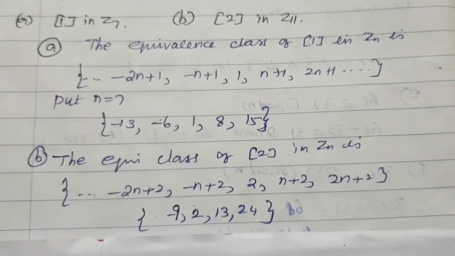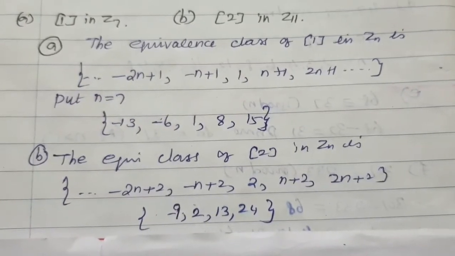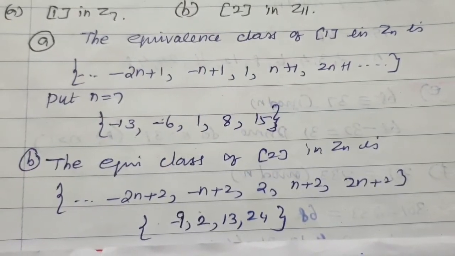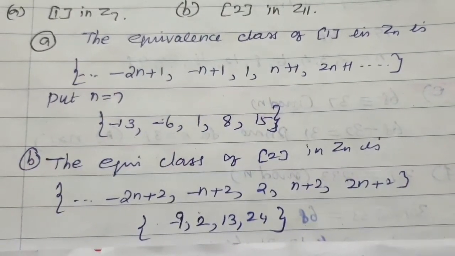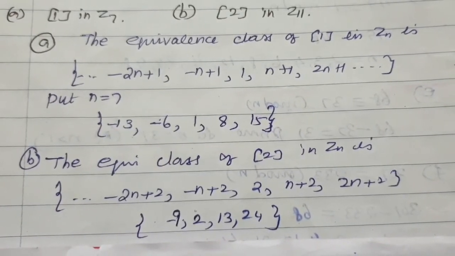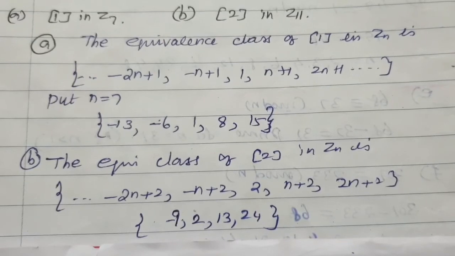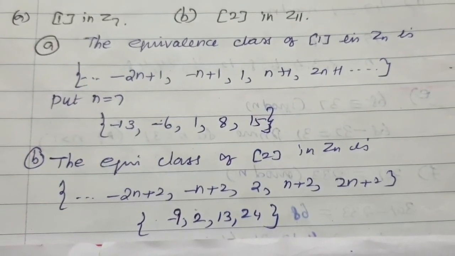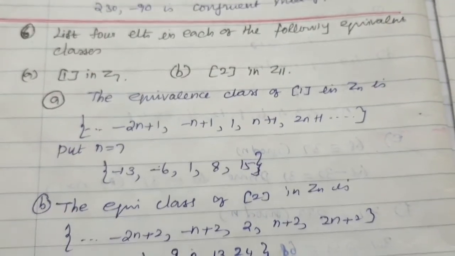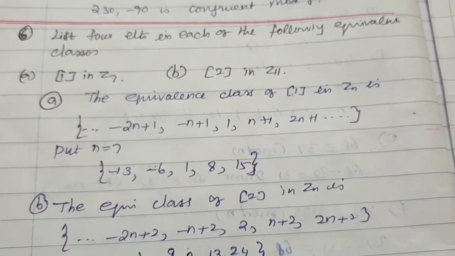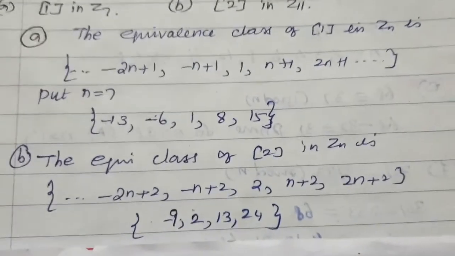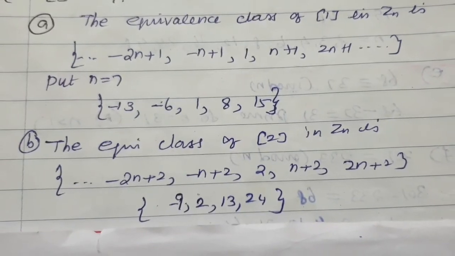So when you substitute n equal to 7 in the first term, minus 2 into 7 plus 1, the result is equal to minus 13. In the second term, minus 7 plus 1 is minus 6. Next one is 1. Next, 7 plus 1 is 8 and 2 into 7 plus 1 is 15. So the 4 elements in the equivalence class of 1 in Z7 are minus 13, minus 6, 1, 8 and 15.